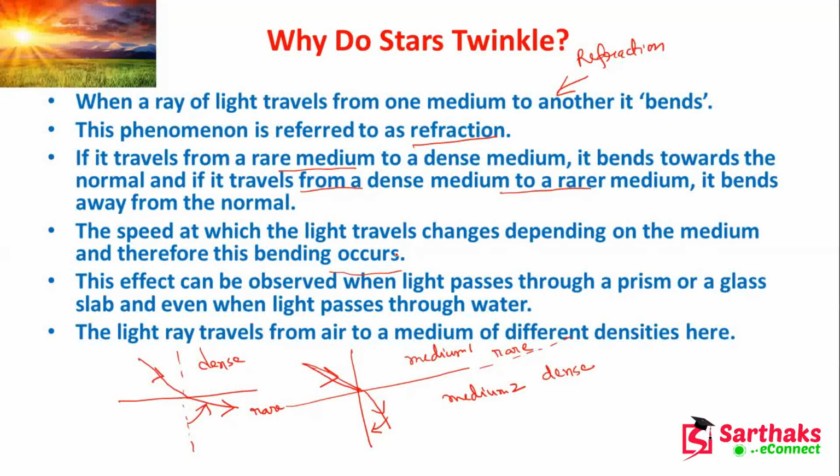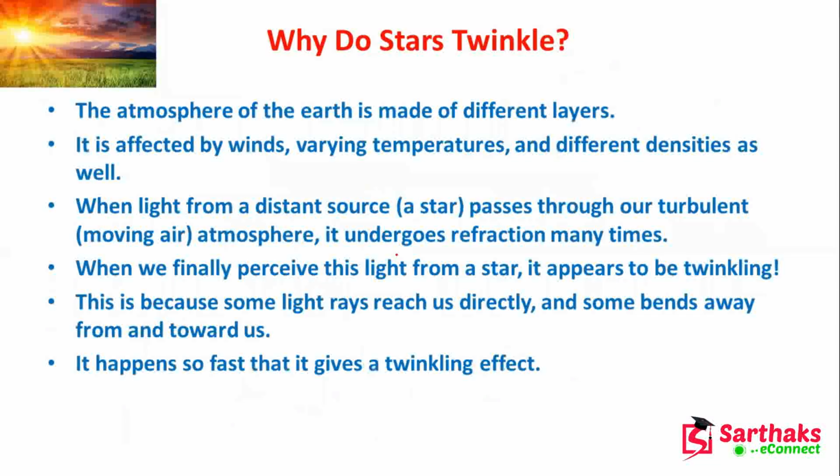The detailed reason is the different layers of the atmosphere. The atmosphere of the earth is made of different layers, and it is affected by winds, varying temperature, and different densities as well. So when light from a distant source, a star, passes through our turbulent atmosphere, that is moving air, it undergoes refraction many times.